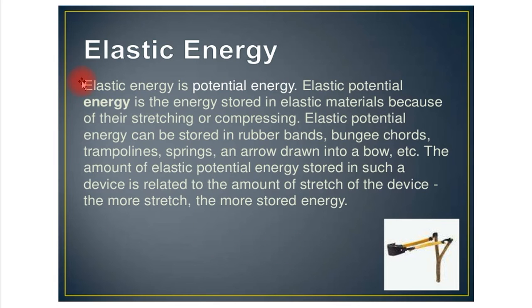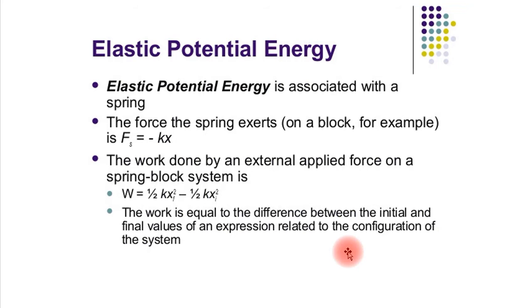So this is a very preliminary idea about elastic energy. We have already been acquainted with elastic energy, and to understand it, we have to go through elastic materials. What is elastic material? Next video.